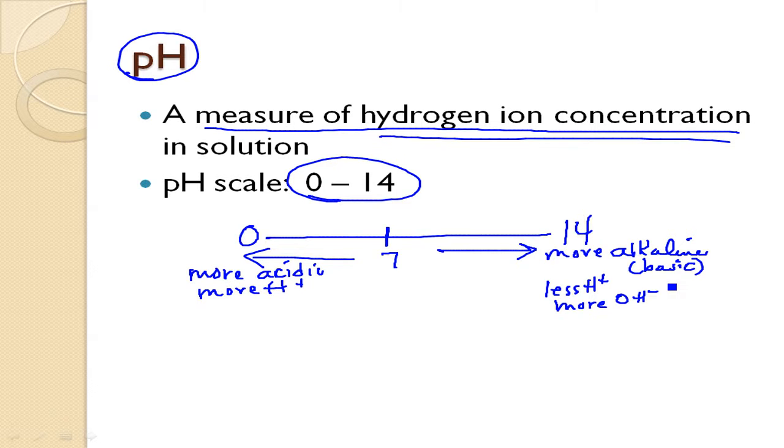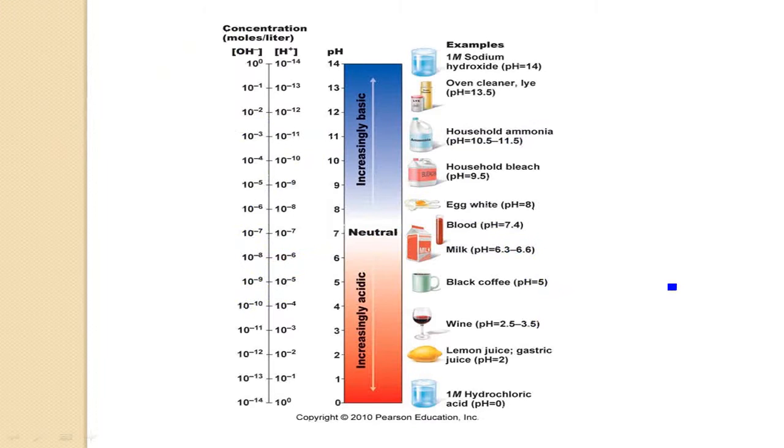Now, let's go to a picture right out of your textbook that shows you some compounds that you normally run into, and this whole range. Here is the scale written in a vertical way. Here's your 0, here's your 7, here's 14. Remember, as you approach a lower number, the substance is more what? Acidic. So increasingly acidic is going down this way.